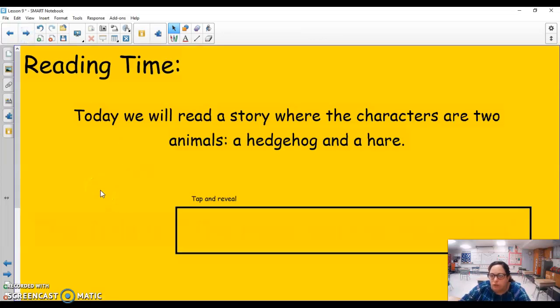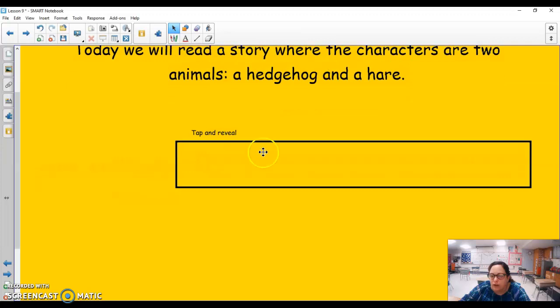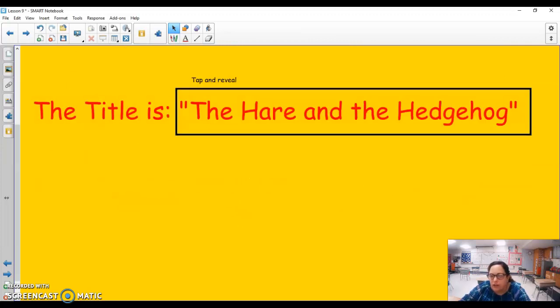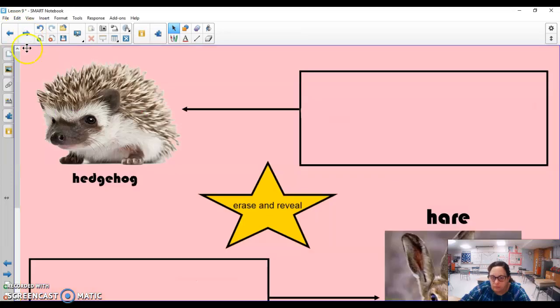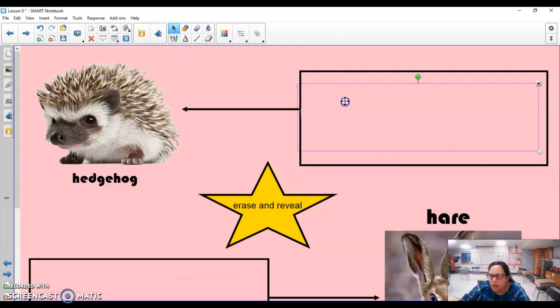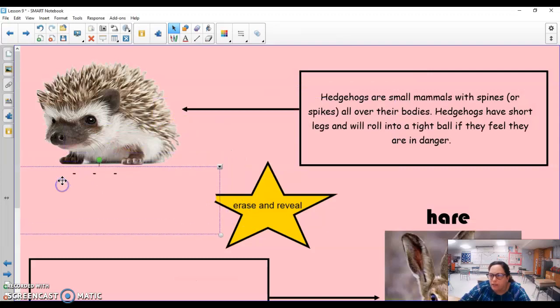So next part. Today I'm going to read a story where the characters are two animals. You have a hedgehog and a hare. And the title is The Hare and the Hedgehog. What is a hedgehog? Hedgehogs are small mammals with spines or spikes all over their bodies.